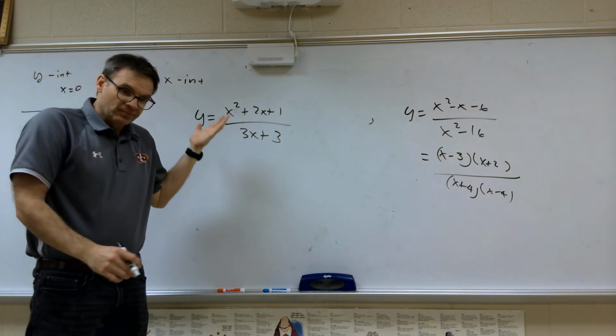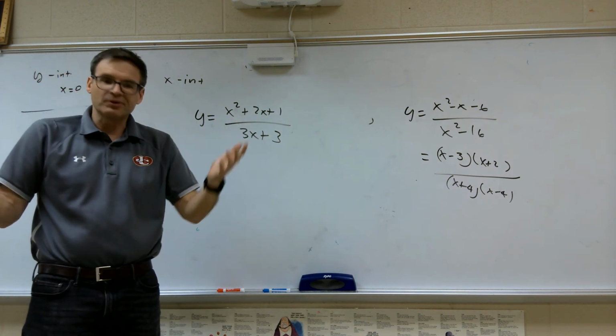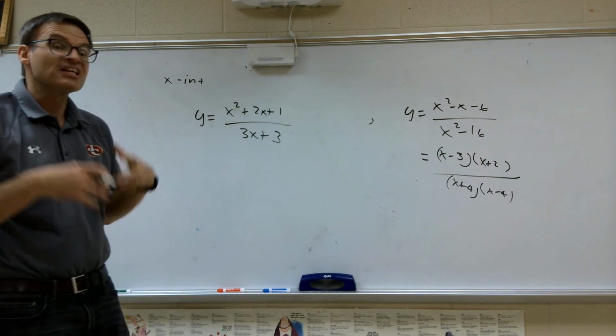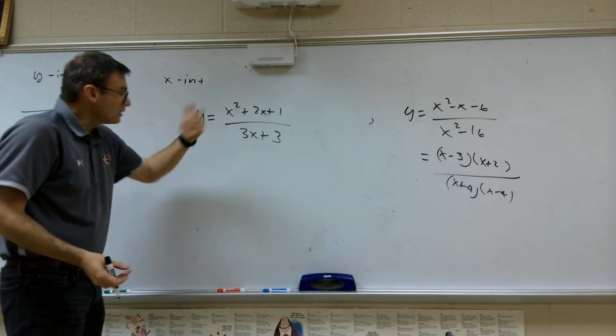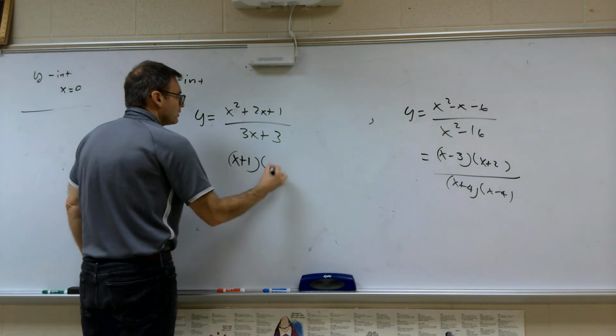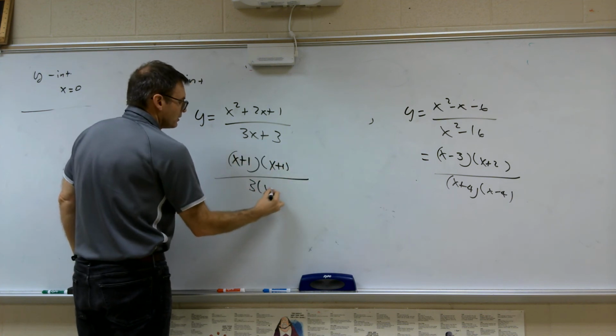Some of the x-intercept questions are, you just factor the top, set it equal to 0, and done. But what you should do first on x-intercepts is clean it up. So to clean this up, we're going to factor it as x plus 1 times x plus 1, over 3 times x plus 1.